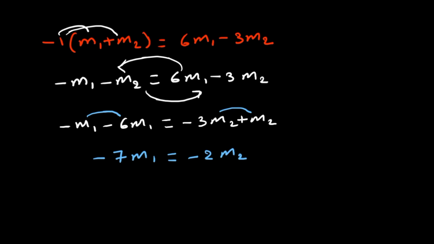To find the ratio m1 is to m2, this is a very important point. Most students get confused while writing the ratio from this.